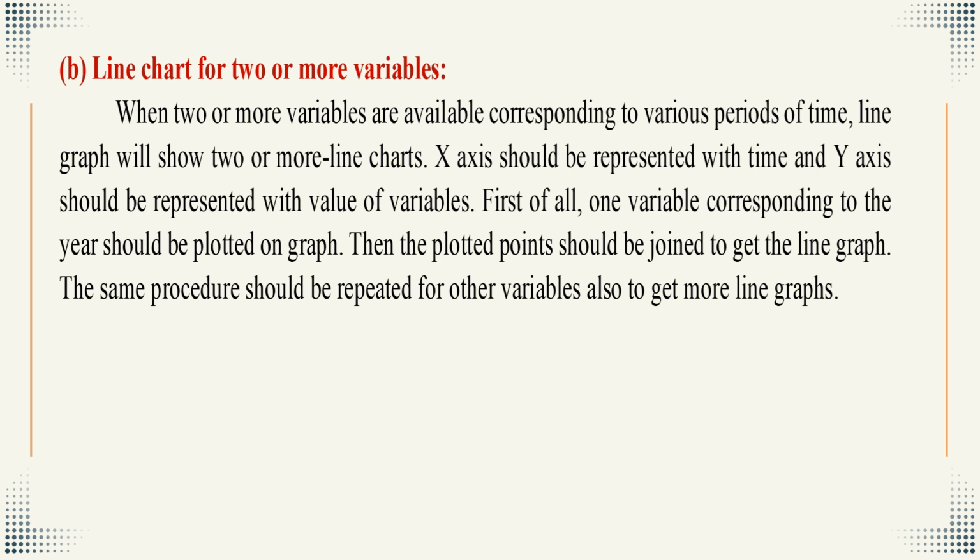Then the plotted points should be joined to get the line graph. The same procedure should be repeated for other variables also to get more line graphs. Particularly for time series charts, time starts only on the x-axis. Time may be month, year, like that.